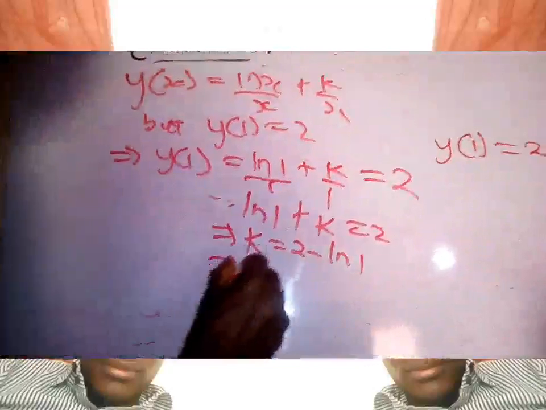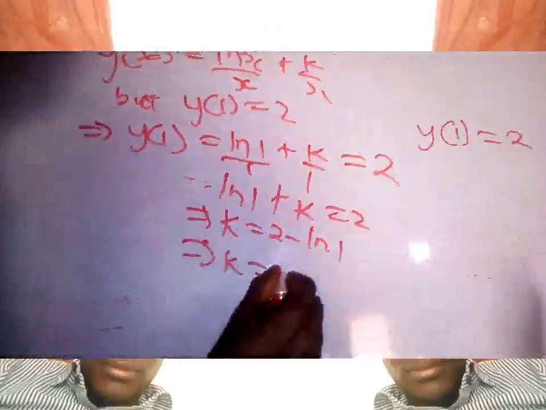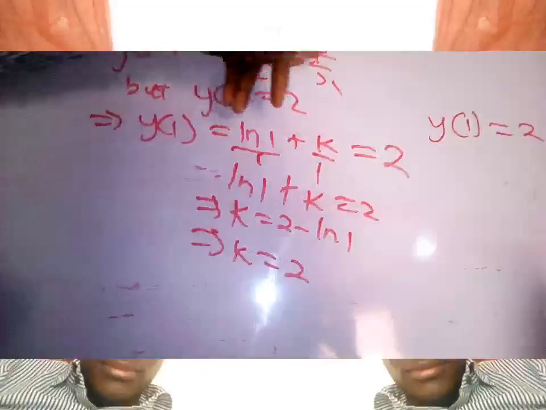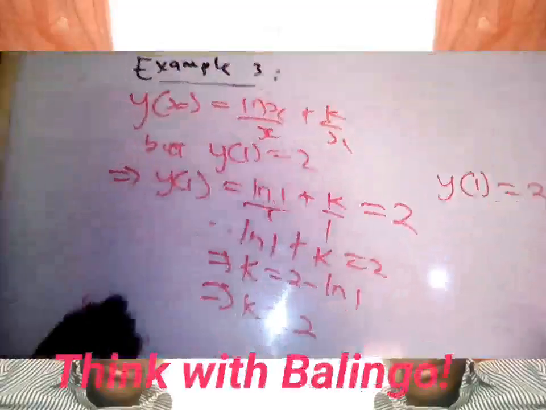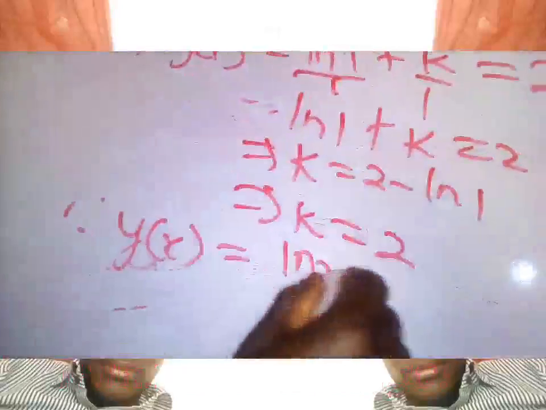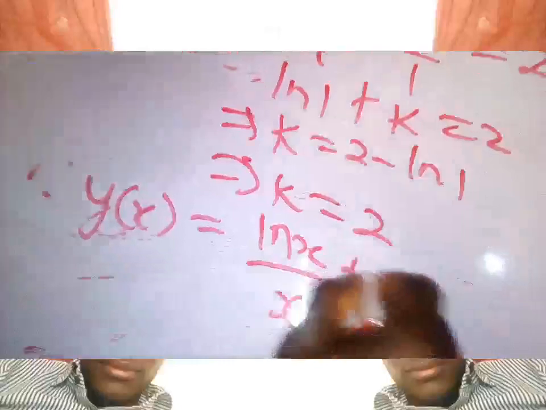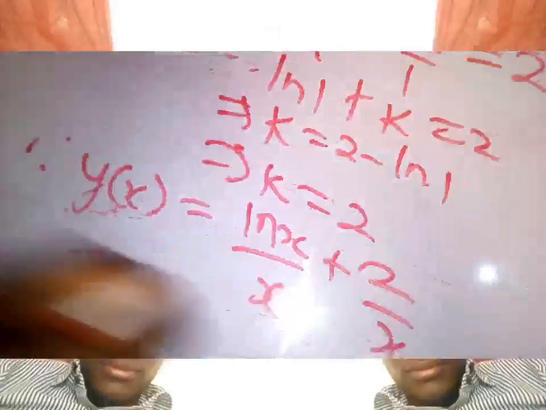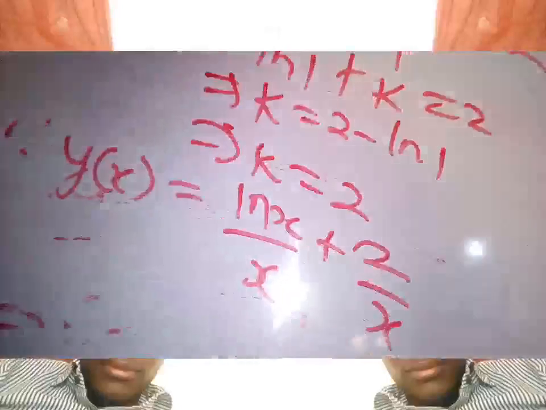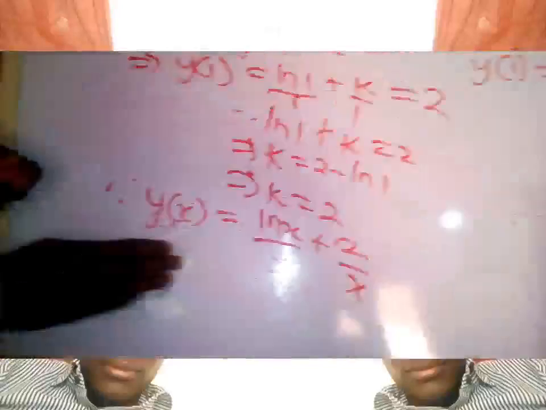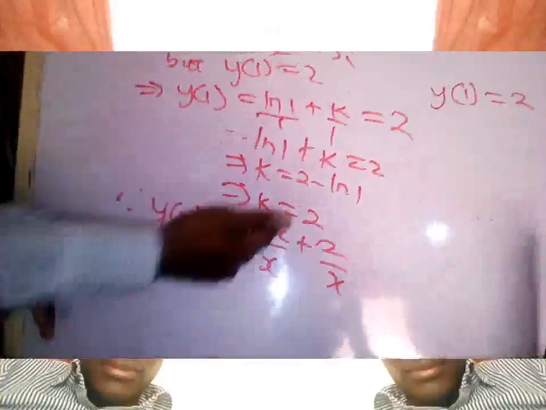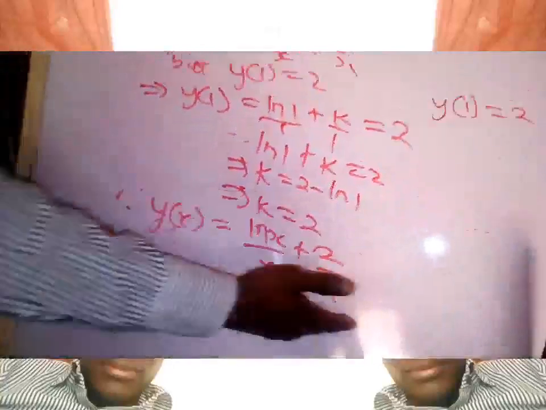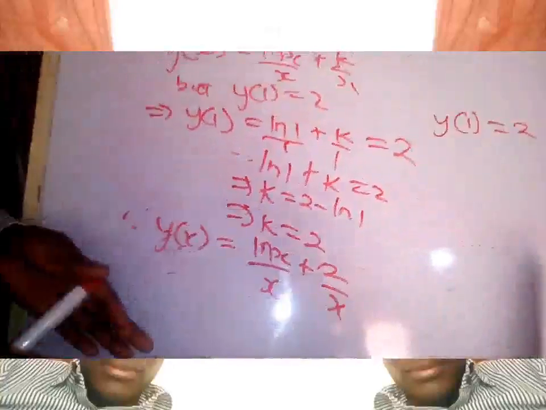This implies that your k is equal to 2. Now substitute to give us the full solution. We are going to get y of x is equal to ln x over x plus 2 over x. Over this general solution of the differential equation, you can see the constant obtained here.